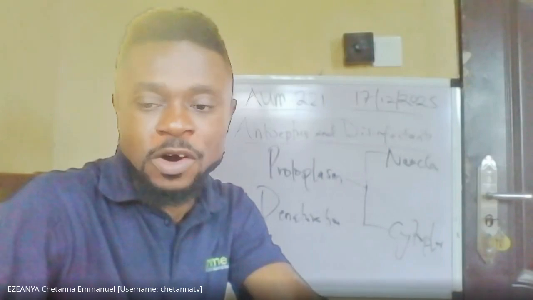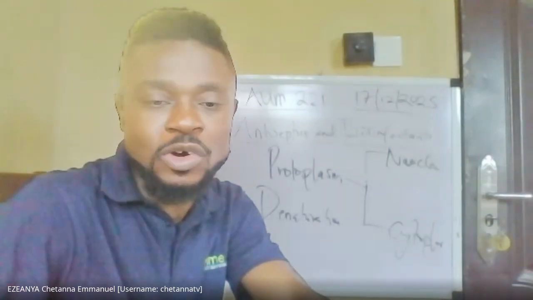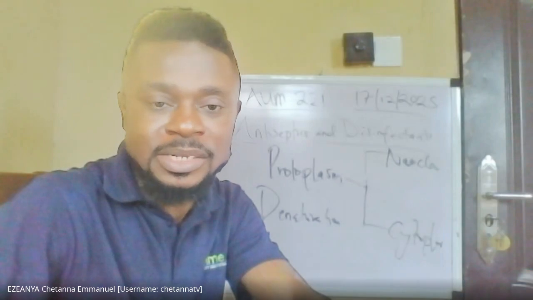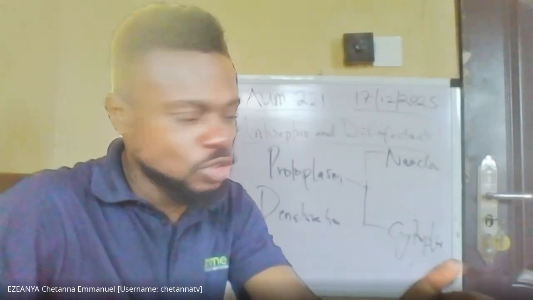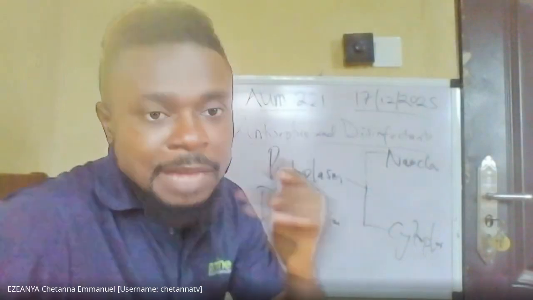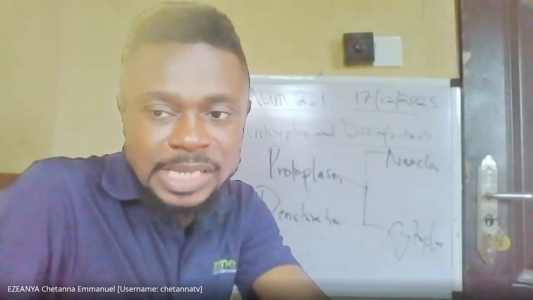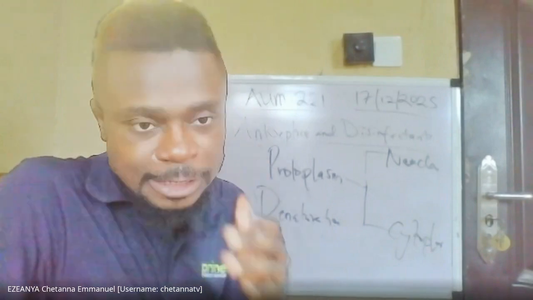We are not taking much. Based on the curriculum, we are not going deeper into this, but you can do more research and deepen your knowledge. So let me just go straight to the major classes and some points you need to note.